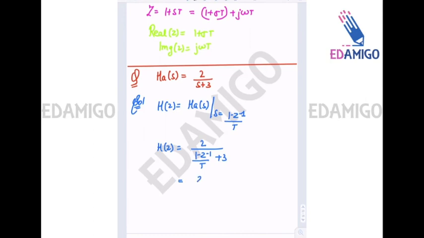We can solve this and get 2T upon (1 minus z inverse plus 3T).